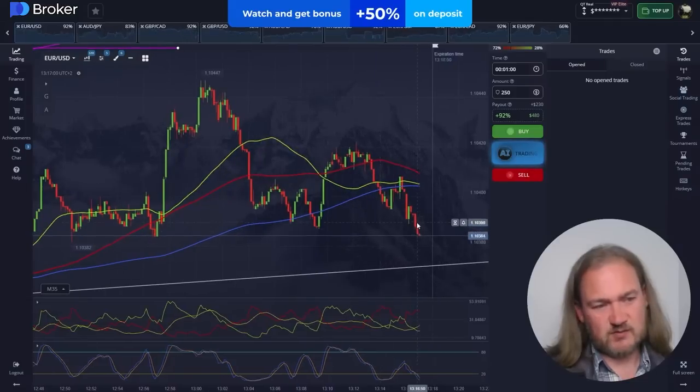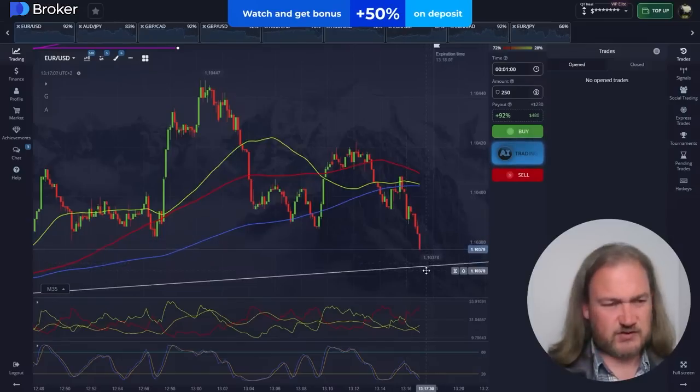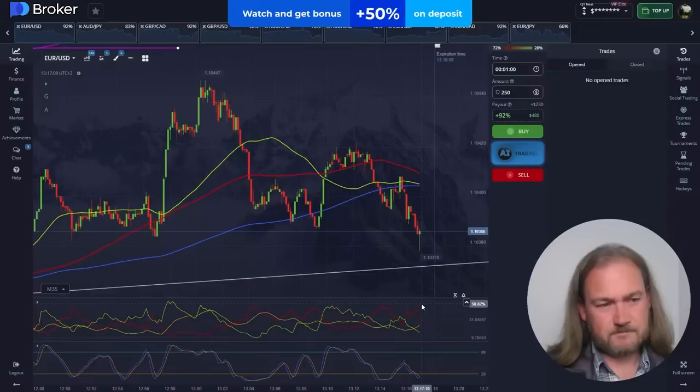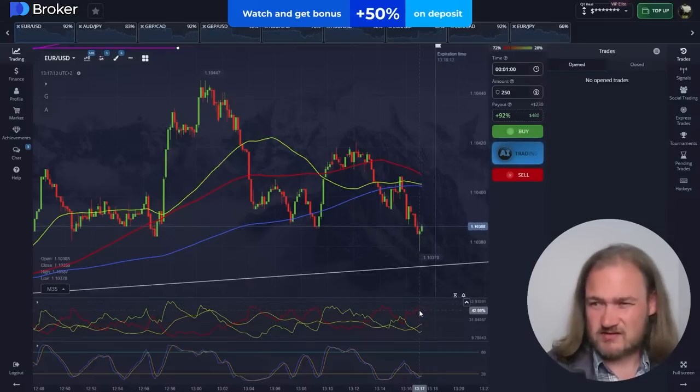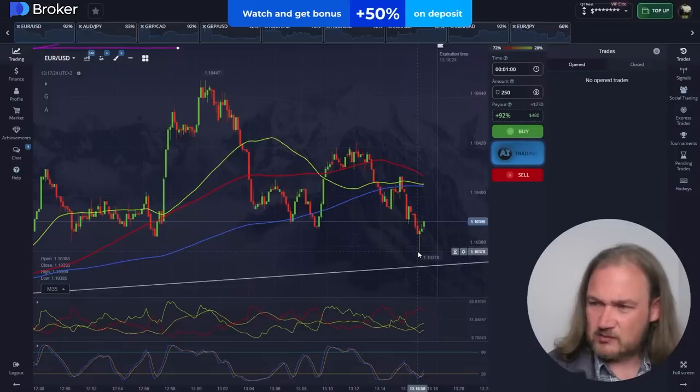But if price does come down to this area here, this white line is trend lines that I drew in on, I think it was the 5-minute, and I get a spike, I could safely assume that there's a good chance that it will reverse, and I could actually do a trade. It didn't quite touch though.